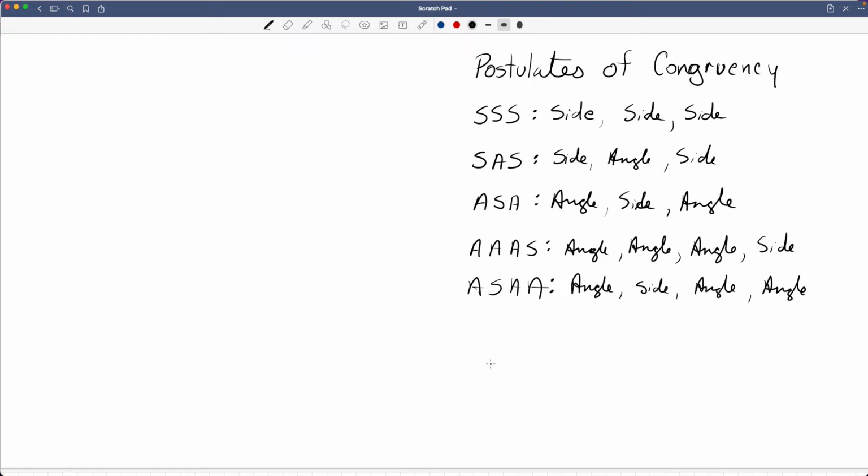There's only one more, and it's a little bit different. And this one is for right triangles only. And it is for right triangles only because it is a hypotenuse leg, right? That is the name of it. It is hypotenuse. I have to remember how to spell that. There we go. Hypotenuse leg. And by definition, only a right triangle has the hypotenuse.